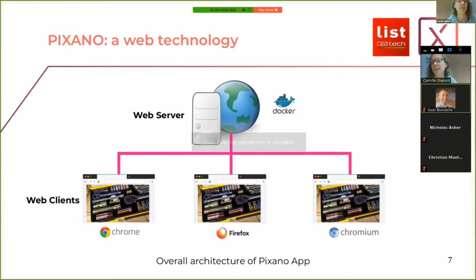It means that we have a lot of annotators that can just connect to their browser, open the application and annotate directly in the browser. It's a popular technology nowadays, because it doesn't require any installation from the annotators. And we have here different browsers, and they are all served from a web server.